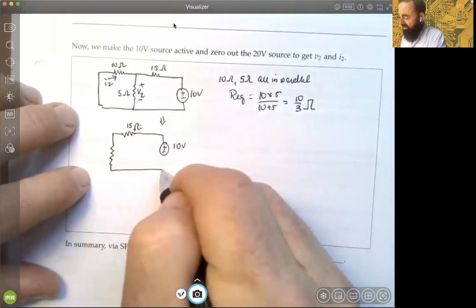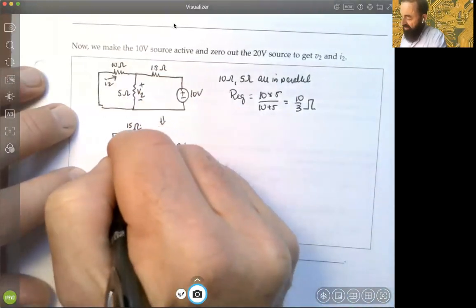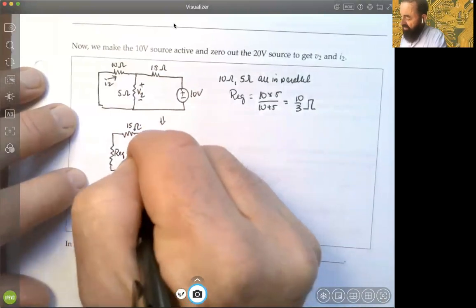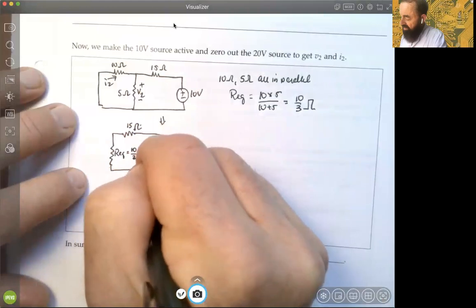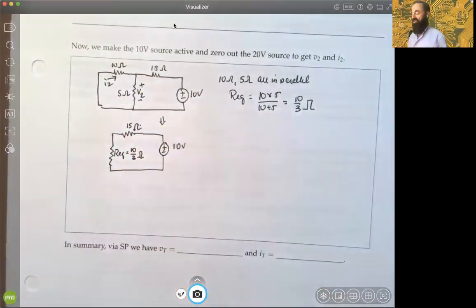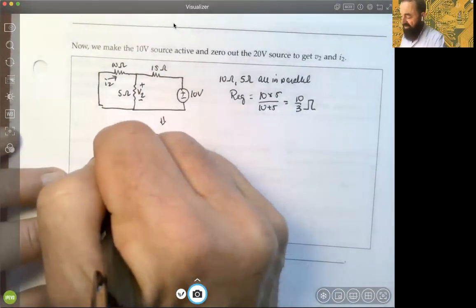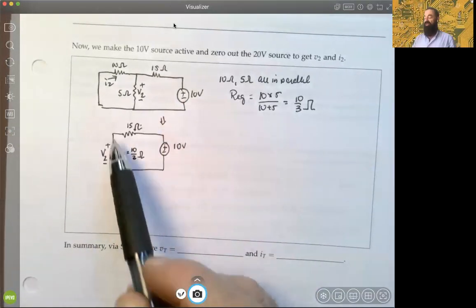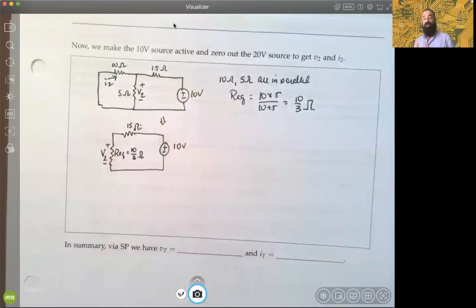There's the equivalent, and this equivalent REQ was equal to 10 thirds ohms. And then the question is, is this the same voltage, V2? Yes, because this equivalent came from two parallel resistances, which means the voltage across them is shared. Current is shared for series, voltage is shared for parallel, okay?